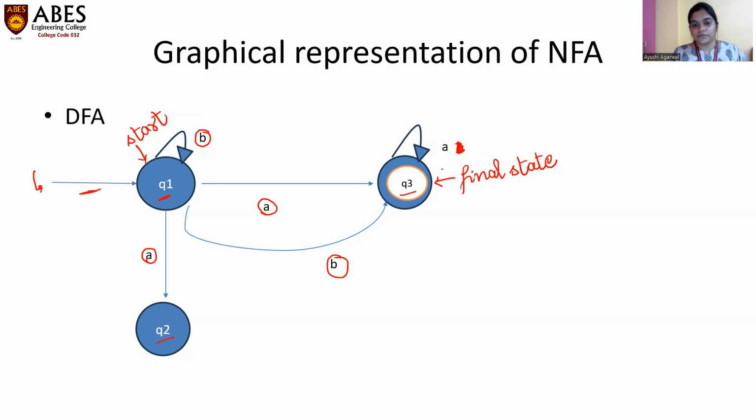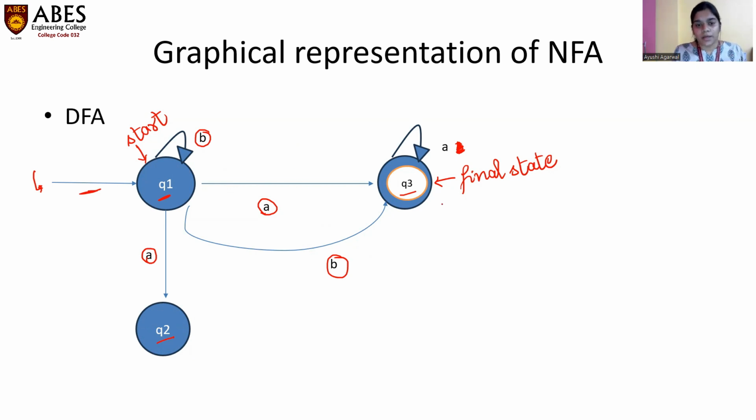In case of NFA, it is not necessary that any state should read a particular character input for moving from one state to another. So it is fine over here. So this is the graphical representation and some kind of small working about NFA.